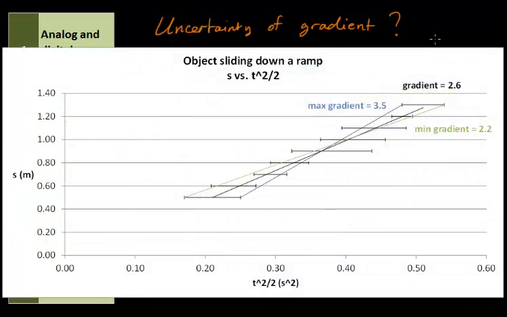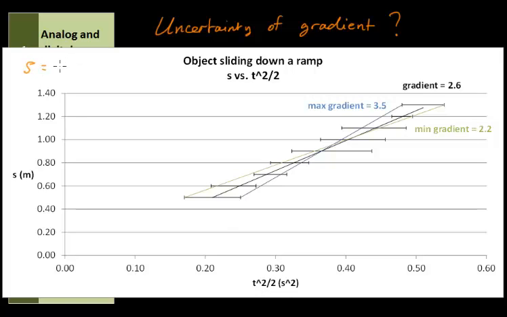And the final challenge of the video is to learn how to compute the uncertainty on a gradient. So imagine that you did this experiment of measuring the acceleration of an object sliding down a ramp, and that you measured for different distances the time it took to do this. You processed the time variable and found t squared over 2. Why did you do that?